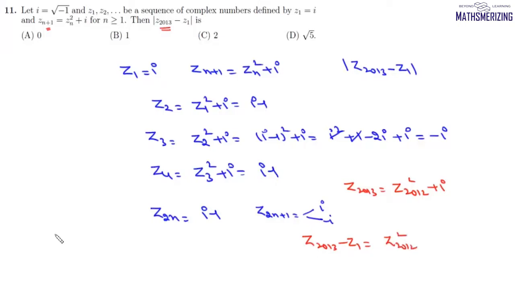If we take this mod, we can write |Z2013 - Z1| will be |Z2012|². Now when this number is even, it is simply i - 1. So |i - 1| will be √2. So √2 squared will be simply 2. So the value of this expression will be 2, and that's your option C.